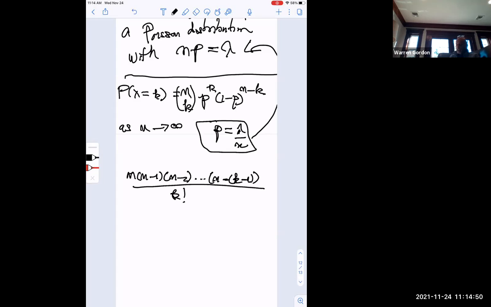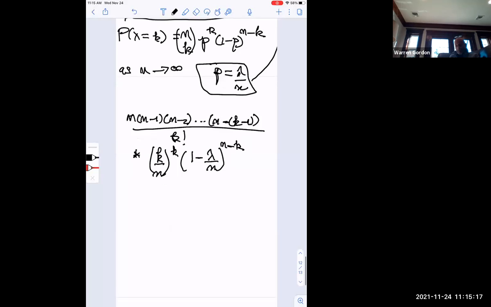I'm just working out the combinations. And now times p to the k becomes lambda over n to the kth power, and 1 minus lambda over n to the n minus k power.